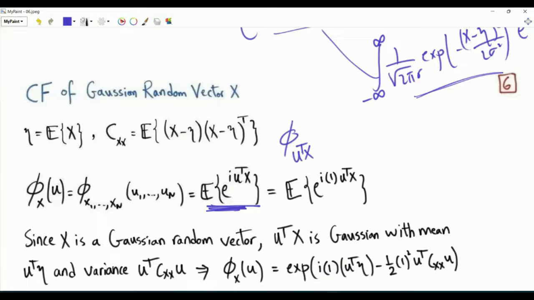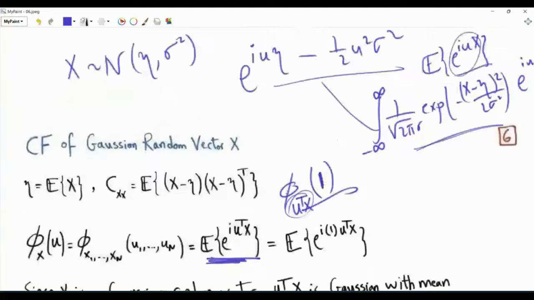It is known to be Gaussian because x is a Gaussian vector, and u transpose x is a weighted sum of the x's, and by definition this will be a scalar Gaussian random variable. So it is phi of u transpose x evaluated at 1. And so basically we can use the formula for the scalar random variable if we replace this eta by the mean, or the first moment, of u transpose x, and we replace sigma squared by the variance of u transpose x, and that's it, and we are done.